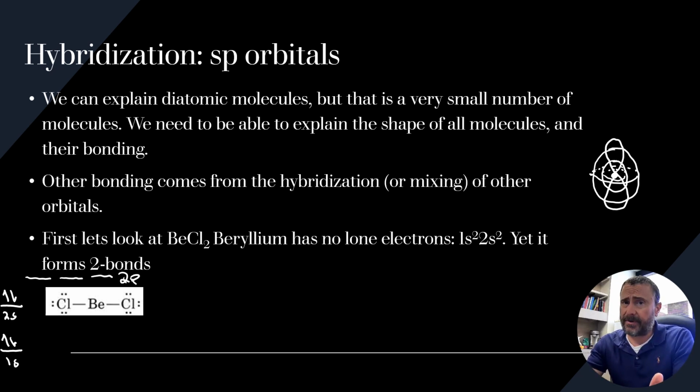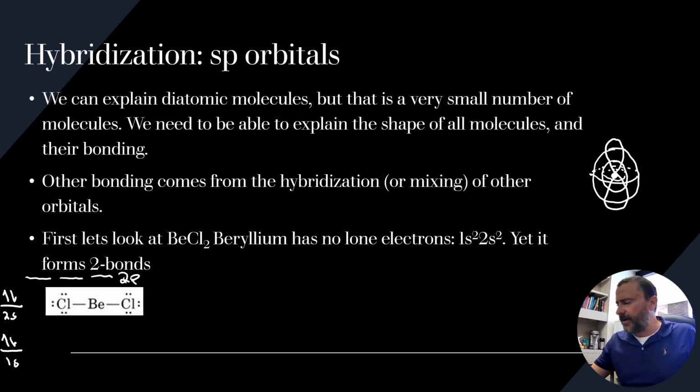Okay, and this is part of the reason why we get expanded octets, because when you reach, say, period 3, then you've got those 3s orbitals, you've got 3p orbitals, and you actually have these open 3d orbitals where other electrons can go in. Once you reach this 2s, there are actually those 2p orbitals that are there, but they're just empty.